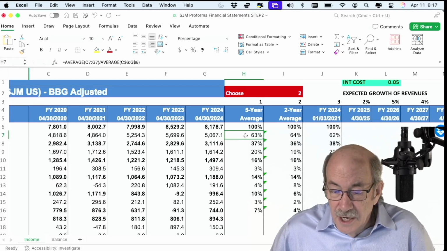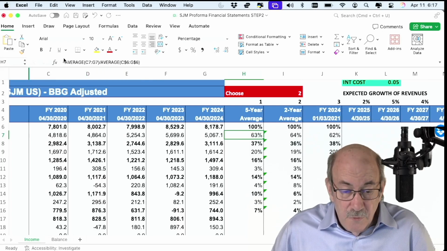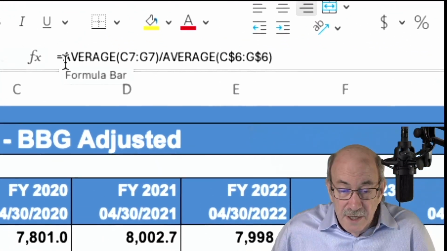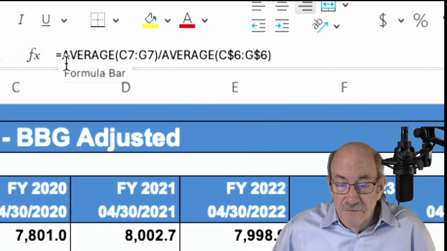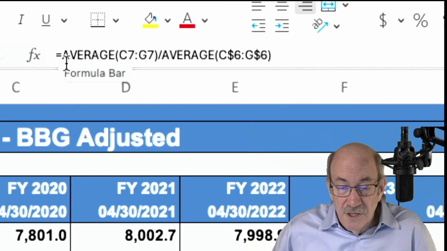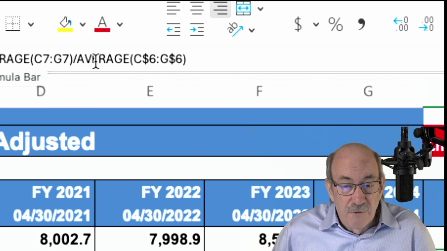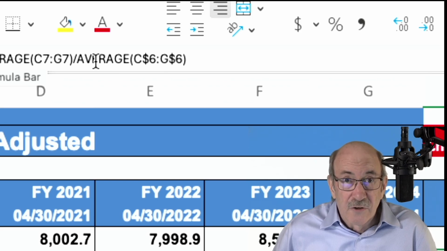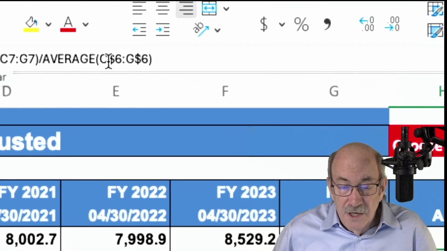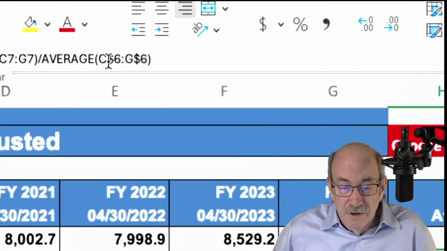And by the way, an easy way to do that formula: I'm just taking the average of the cost of goods in row 7, columns C through G, and then dividing that by the average of revenues in row 6, C through G as well. And I've locked the row reference here for revenues.